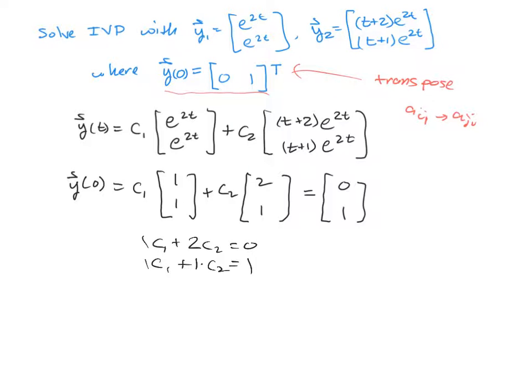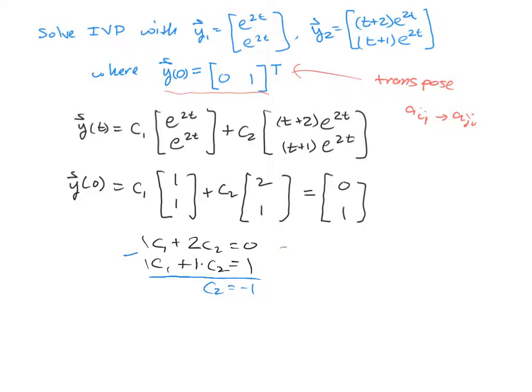We can solve these by using a graphing calculator, elimination, substitution, Cramer's rule, and so on. Probably the easiest thing to do here is just elimination. If we subtract these two from each other, the c1s cancel out. 2 minus 1 just makes 1c2 equaling negative 1.